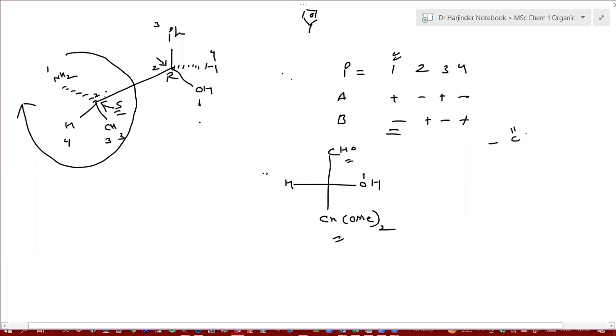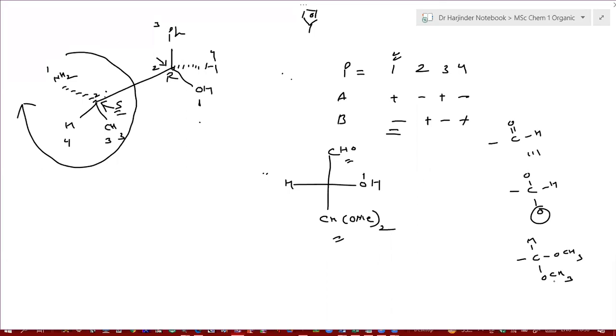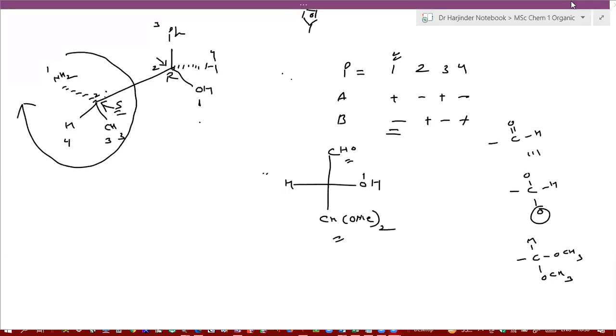Here you have a C double bond OH, which is equivalent considering ghost atoms. Which will get second priority? The lower one, the vertical one. Why? Because the two oxygens are equivalent, the next atoms, and the other is methyl, which has hydrogen. That's why the lower one should be CH.